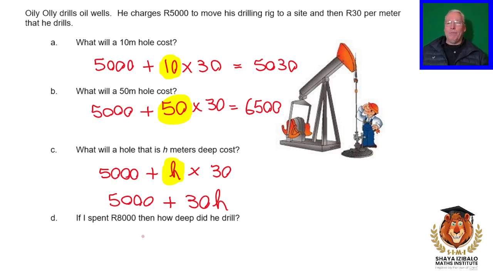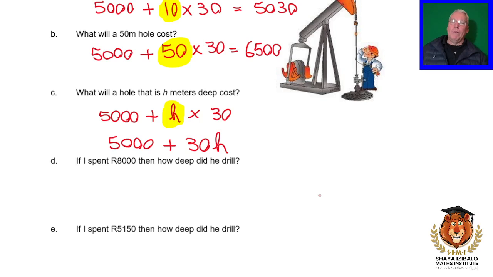Right, now, if I spend 8,000 Rand, how deep was the hole drilled? Okay, so let's think about how we're going to work this out. Well, that 8,000 Rand wasn't all spent on drilling. 5,000 of it was spent getting the rig onto my site, to my house. Okay, so I must take 8,000 and subtract 5,000.